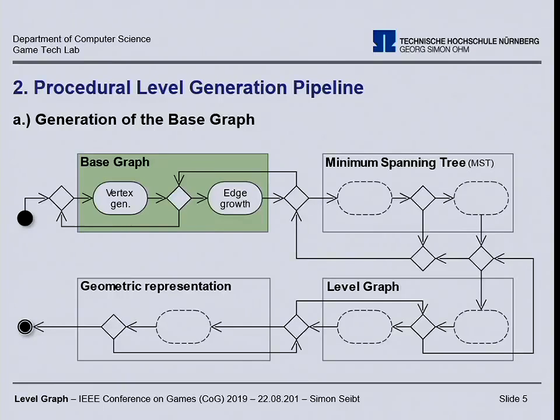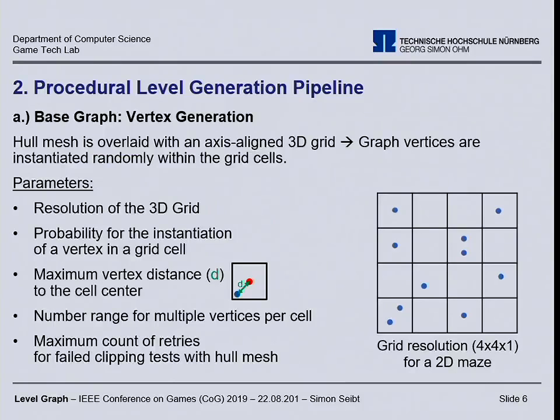Okay, but how does the vertex generation work? To generate vertices, the host mesh is overlaid with an axis-aligned 3D grid. We implement a process which randomly instantiates vertices within the grid cells. On the right side of the slide you can see a simple generation example for a 2D maze. For the generation we can set the following parameters.